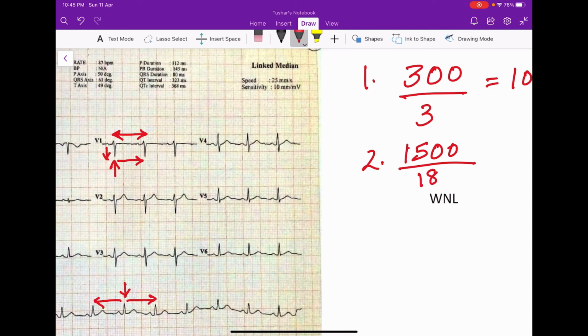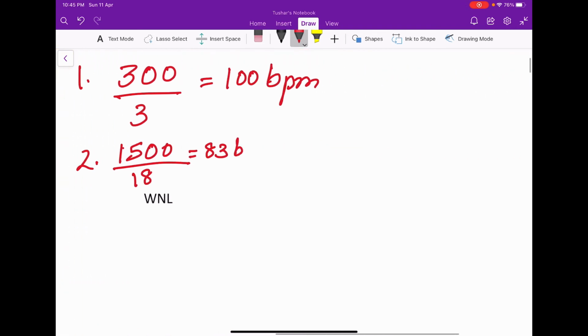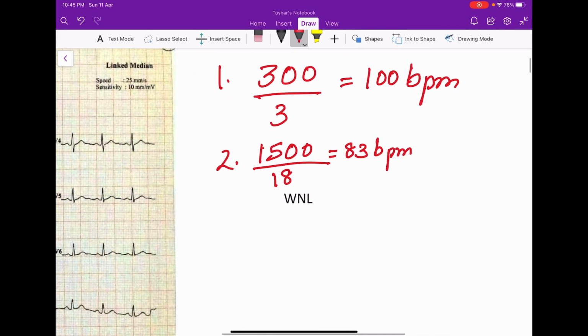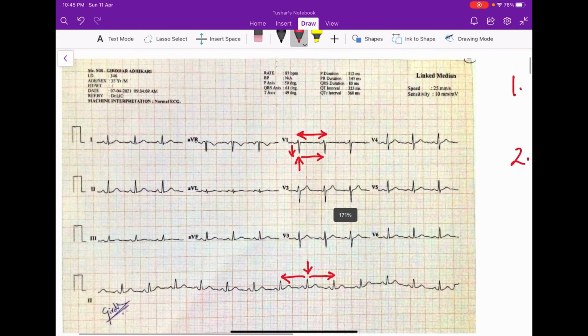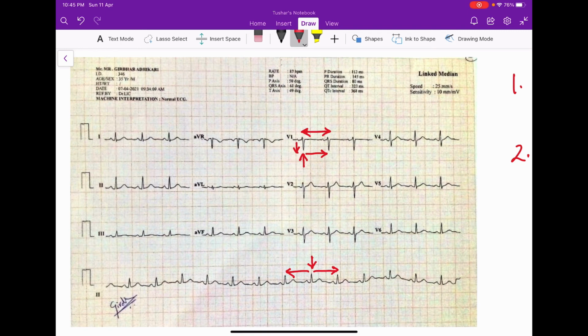So if I calculate 1500 divided by 18, I get a figure of almost 83 beats per minute. So 83 beats per minute will be the exact heart rate of this ECG. 83, 84 approximately.